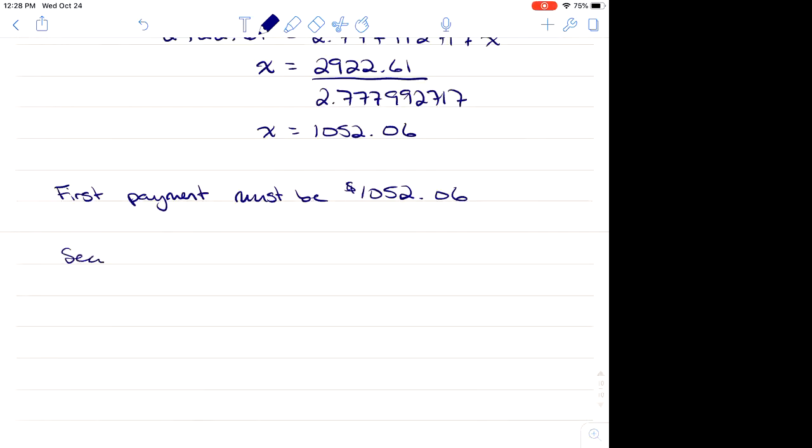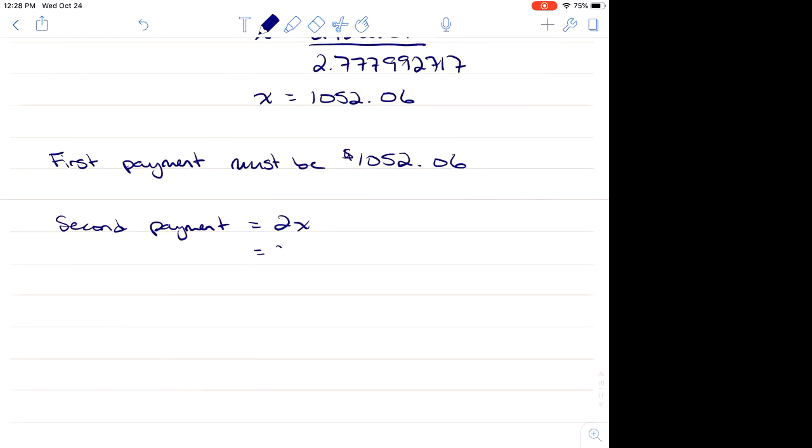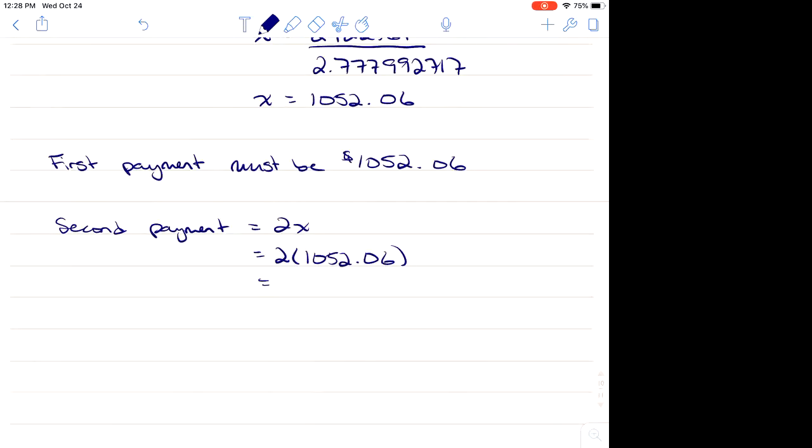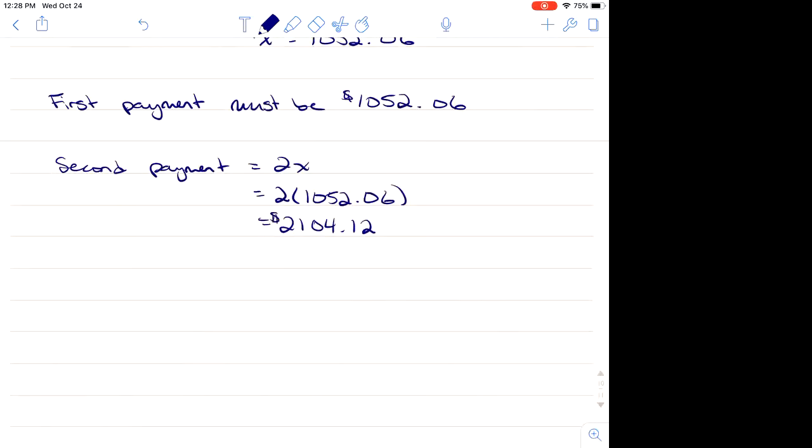So the second payment is 2x, which is 2 times 1052.06, 2104.12. Now we're done. Celebrate.